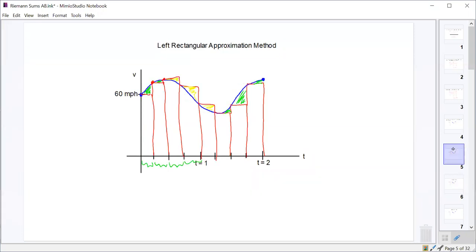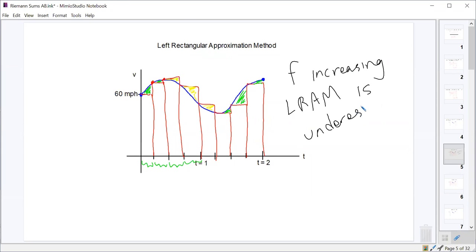What do we notice about, let's go back to this last one. What do we notice when our function is increasing, then the left rectangular approximation is doing what? It's a little bit under what it should be, isn't it? Anytime our function is increasing, we're leaving off pieces. But we'll note that anytime f is increasing, a left rectangular approximation is an underestimate.